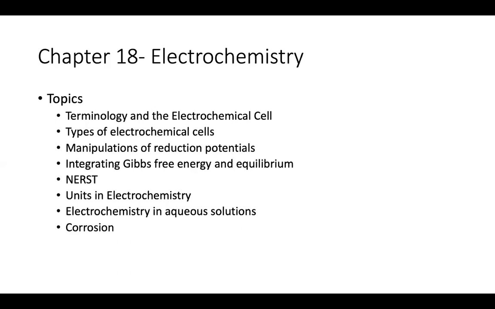In terms of your question, if they give you 4 equations and ask which one has a negative delta S, what I'd recommend is take each one individually, look at the reactant side and the product side, and look at those 5 trends that I listed and ask yourself which side has a higher amount of disorder or entropy.